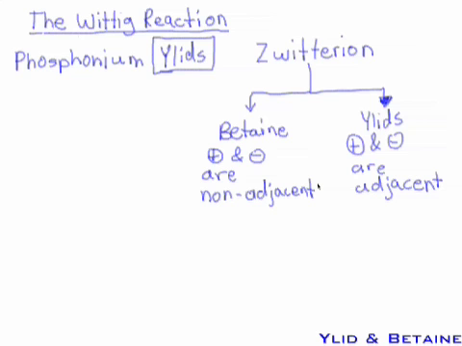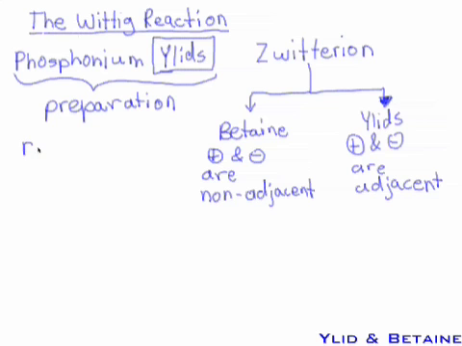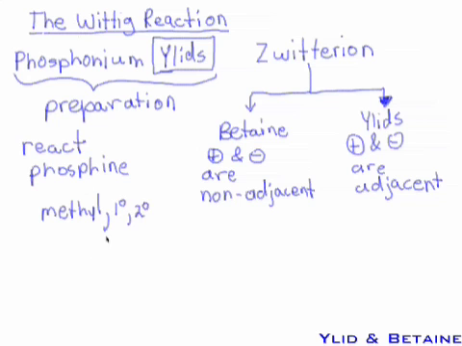How do you prepare phosphonium ylids? Well, because the reaction proceeds through an SN2, the preparation of phosphonium ylids will only work when you react a phosphine with a methyl, primary, or secondary alkyl halide.